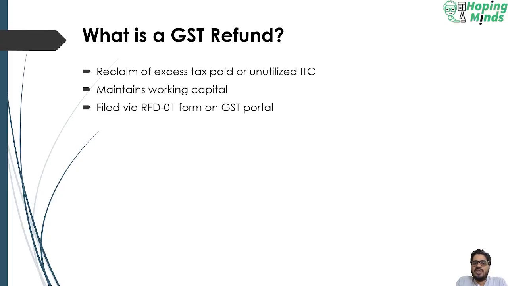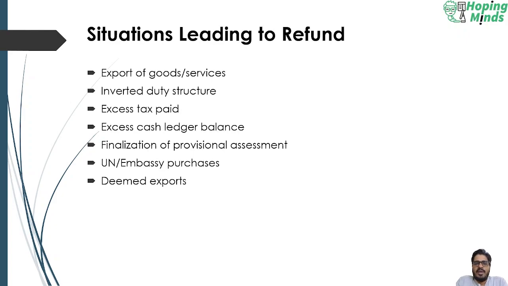Refunds may arise due to reasons like excess taxes paid by the taxpayer, or export of goods or services, that is with payment of GST or without payment of GST. Then accumulation of ITC due to inverted duty structure.